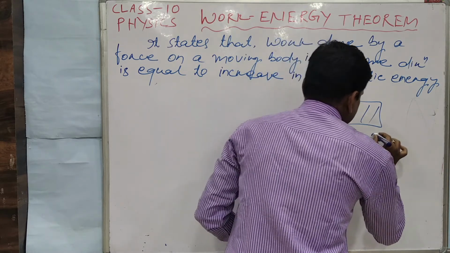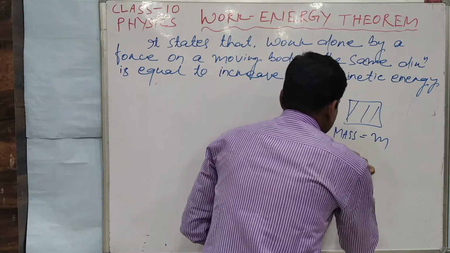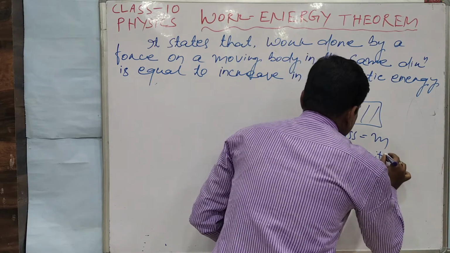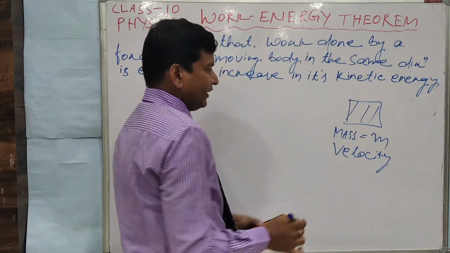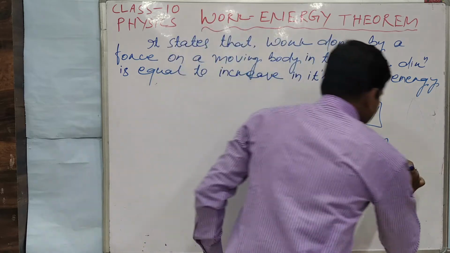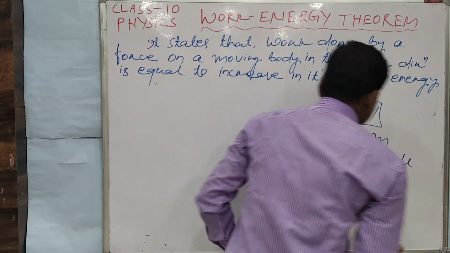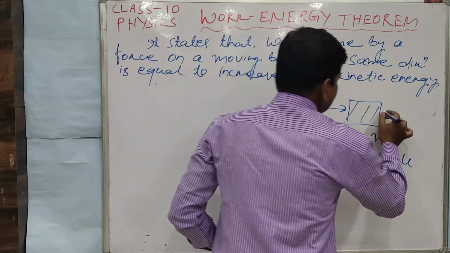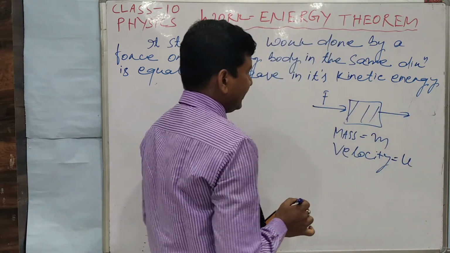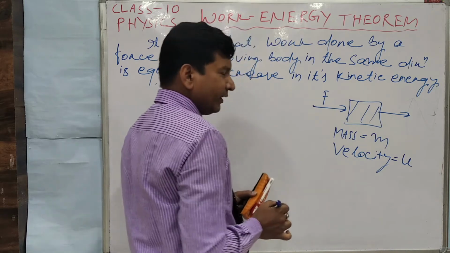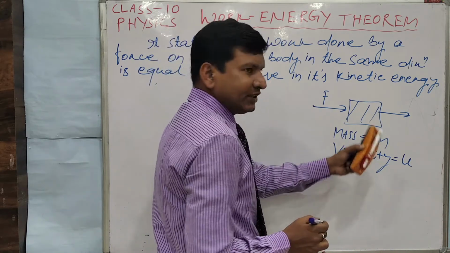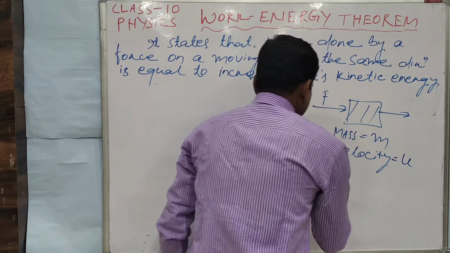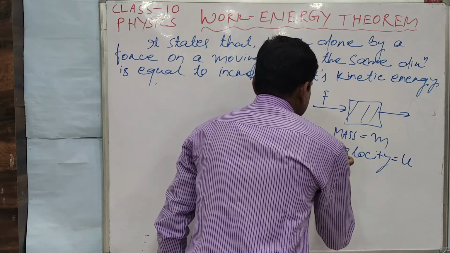The mass of the body is m, and the initial velocity of the body is, say, u. When a force acts on the body in the direction of its motion, the velocity of the body increases.